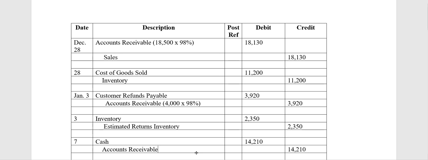Again, for this value, how we're getting it is the $18,130 that was originally recorded, that was what was owed to us, minus the $3,920 that we had recorded as a refund back on January 3rd. The 7th is still within that 10-day discount period, so that's why we don't have to make any other adjustments here. We're just recording the cash that's being received and eliminating that outstanding accounts receivable.